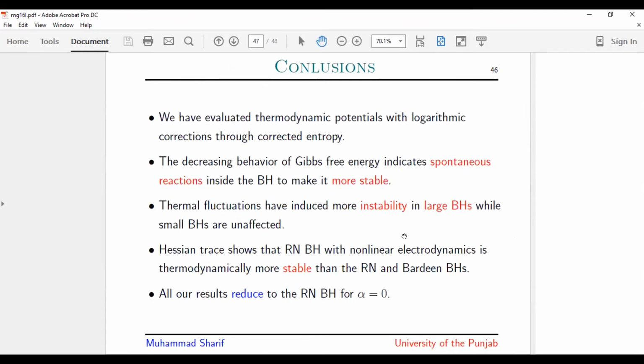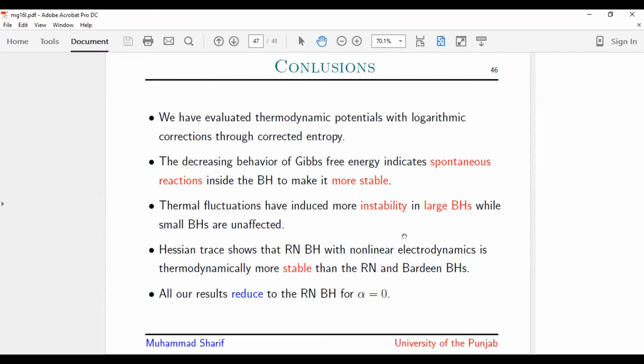We have in fact evaluated thermodynamic potentials with logarithmic corrections through corrected entropy. Decreasing behavior of Gibbs free energy indicates spontaneous reaction inside the black hole to make it more stable. We have seen that thermal fluctuations have induced more instability in large black holes while small black holes are unaffected.